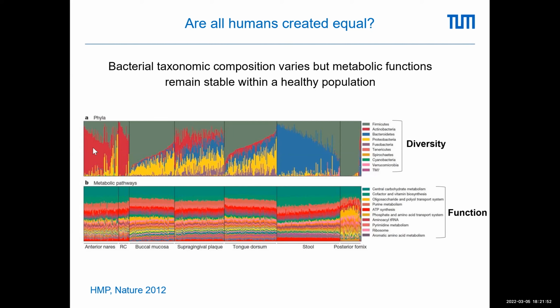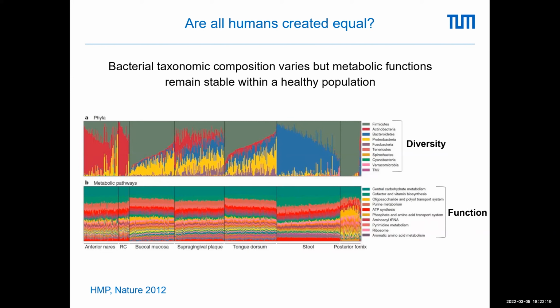Consider each line here to be one individual, and each square describes either the diversity or the function of the microbiome in one ecosystem: oral microbiome, stool, different compartments, different body sites.